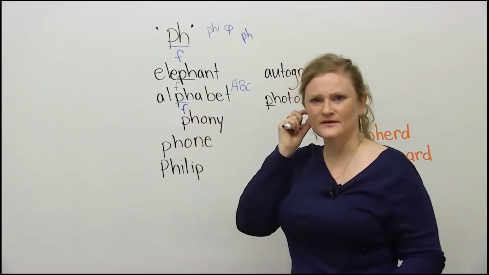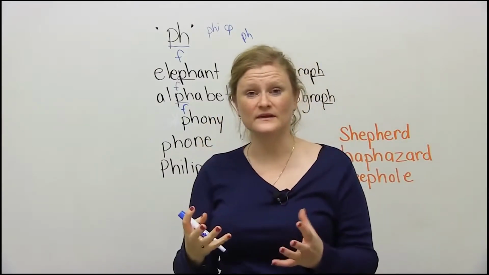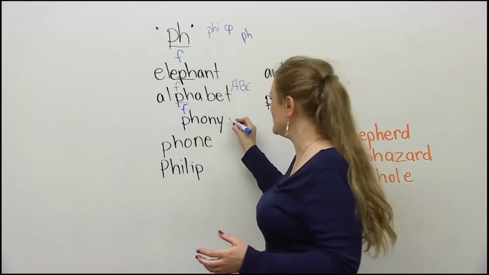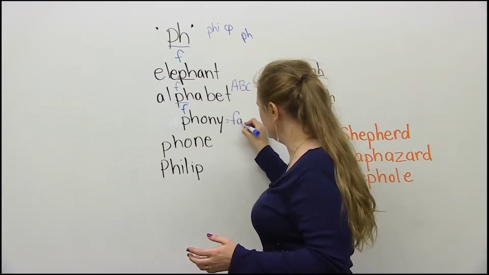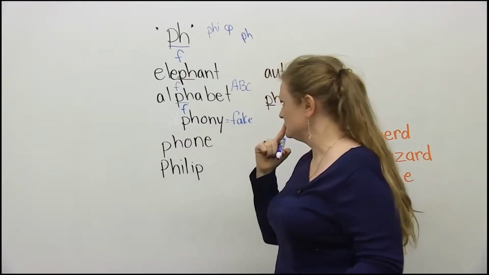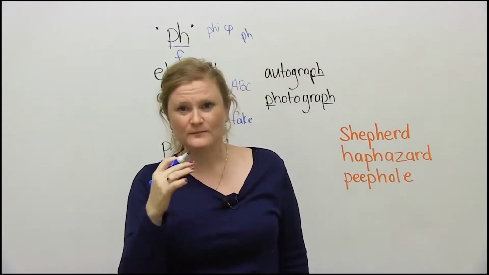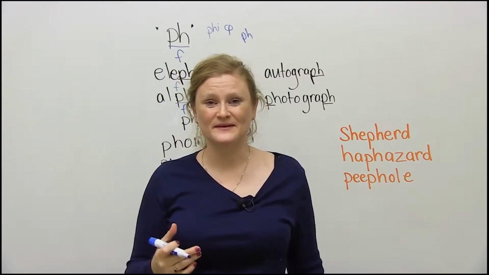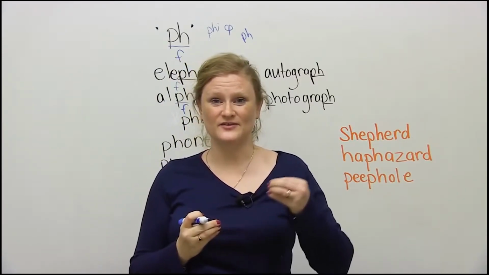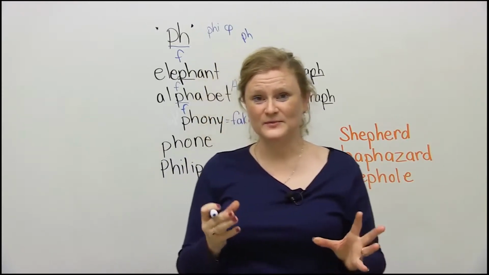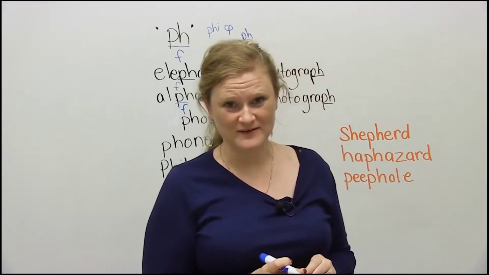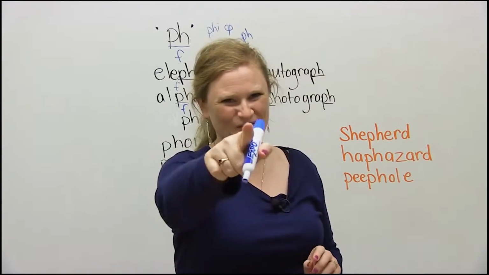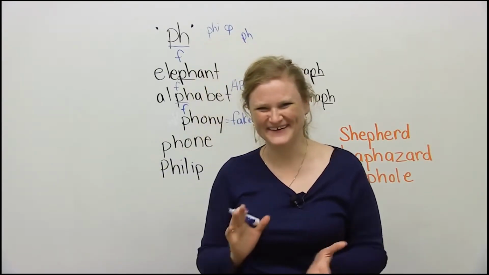The next one is phony. This may be a new word for you, but phony means fake. Sometimes people will steal something from other people and pass it off as their own. And these people are called phonies. You know who you are out there.